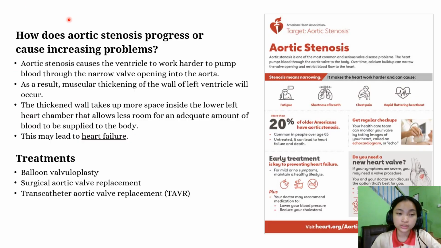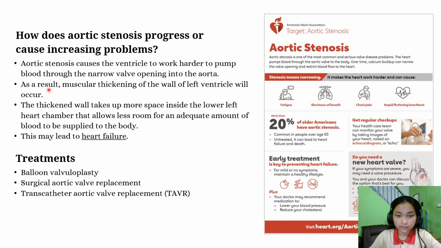To further strengthen our understanding of aortic stenosis, I'm going to explain how exactly aortic stenosis progresses or causes increasing problems. So again, aortic stenosis refers to the narrowing valve opening into the aorta. This narrow valve opening of the aorta will then cause the ventricle, specifically the lower left ventricle, to work harder to pump blood.